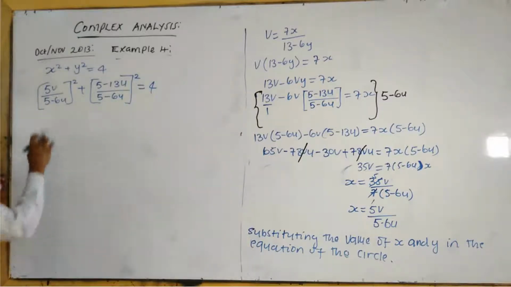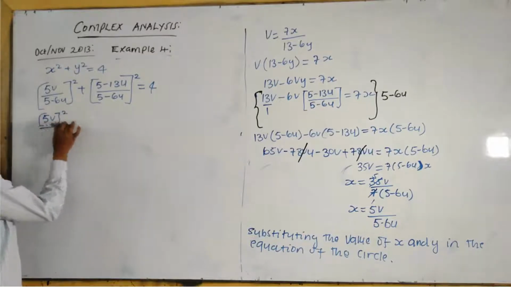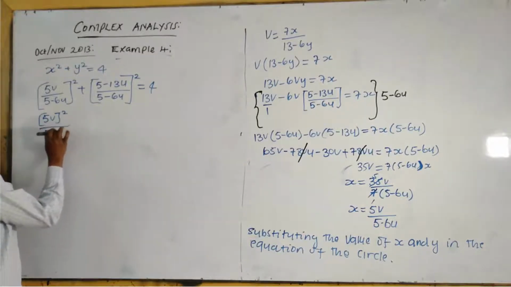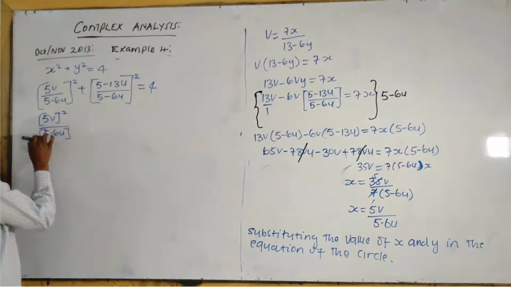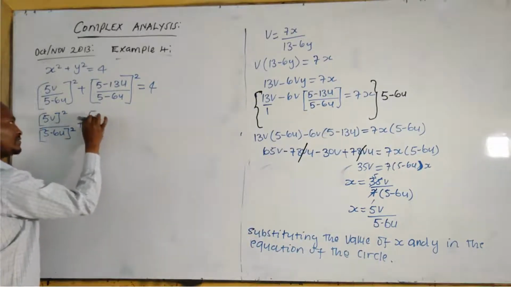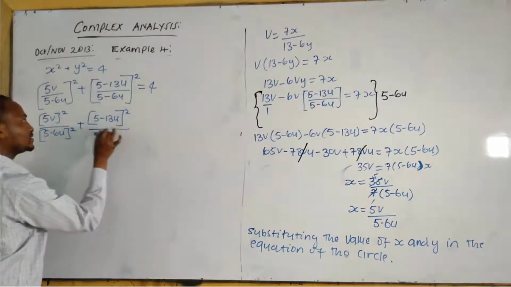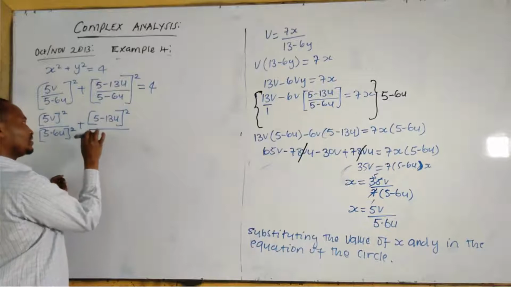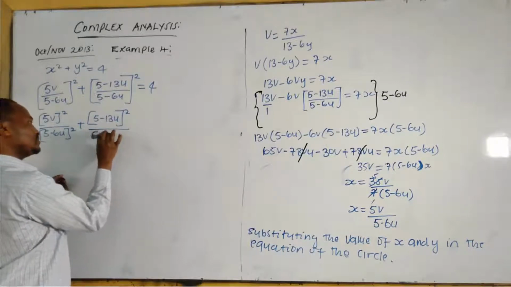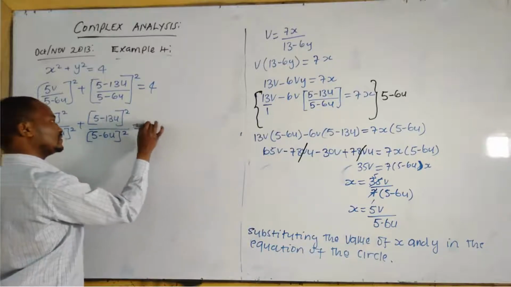We open the bracket. This one, it is 5v squared over (5 minus 6u) squared, plus (5 minus 13u) squared over (5 minus 6u) squared is equal to 4.